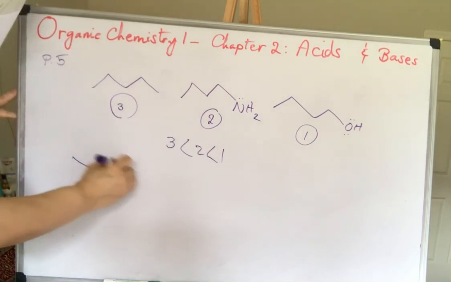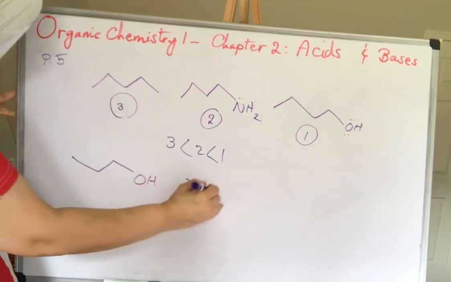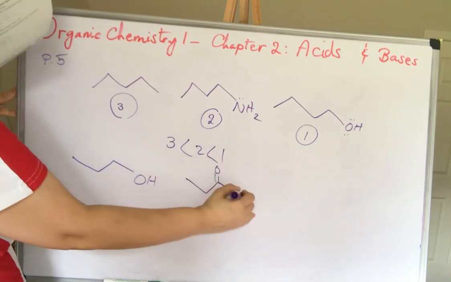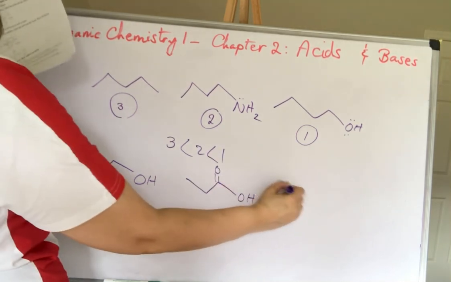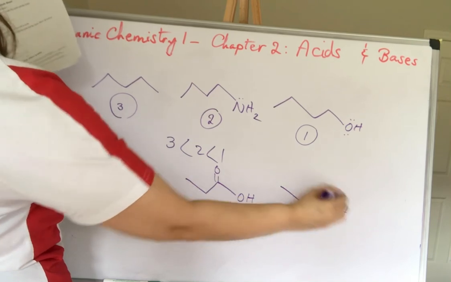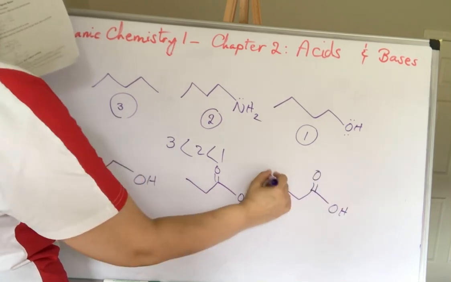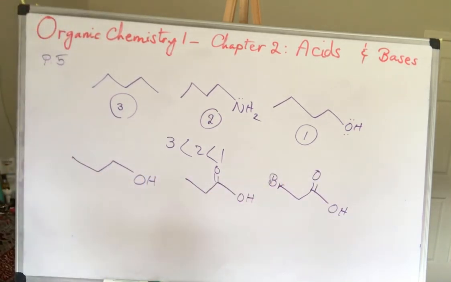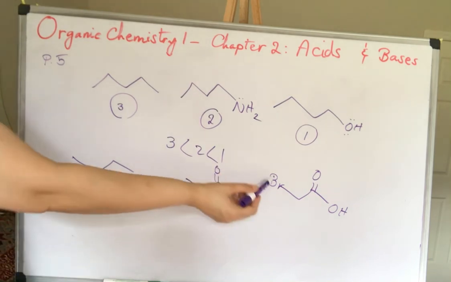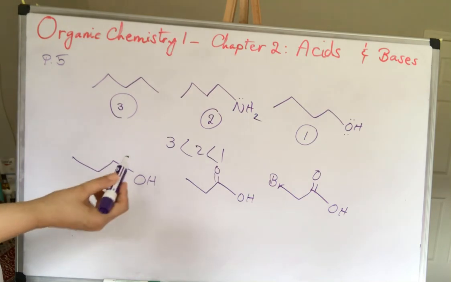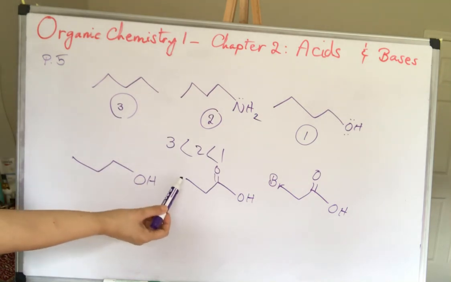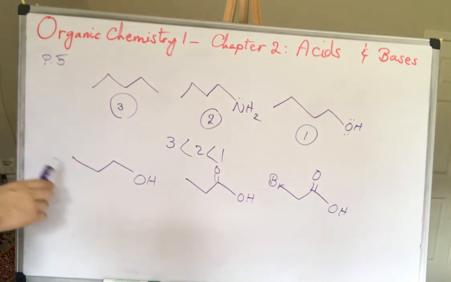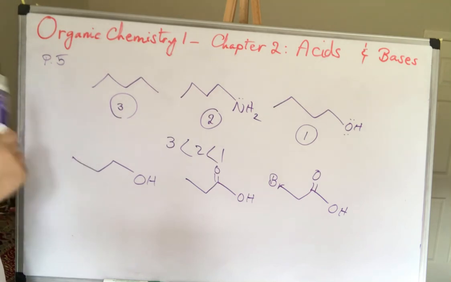Let's quickly work on this one as well, since we are finishing this page. So, the effect of the electronegative inductive effect. One has an electronegative element, one has no electronegative element, both of them are carboxylic acids, and this one is an alcohol.